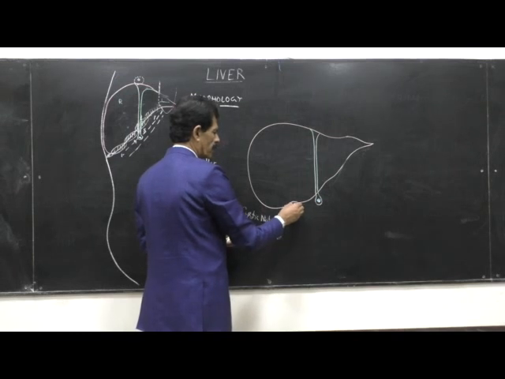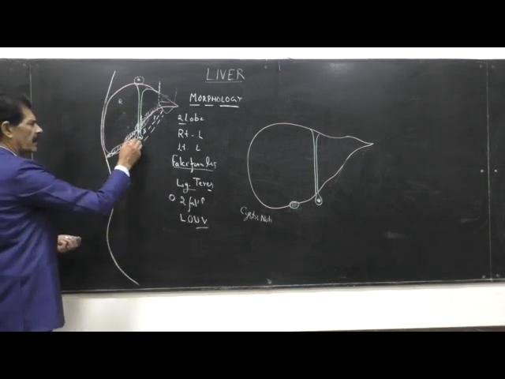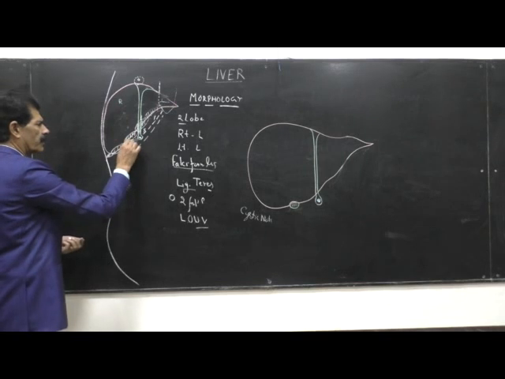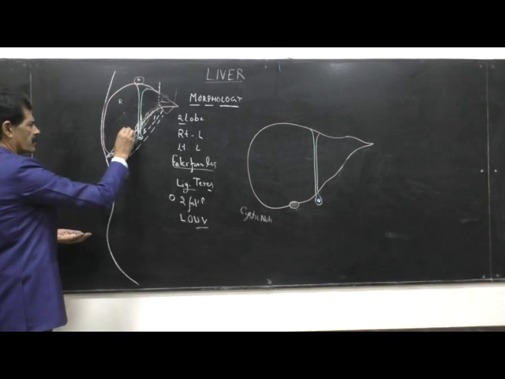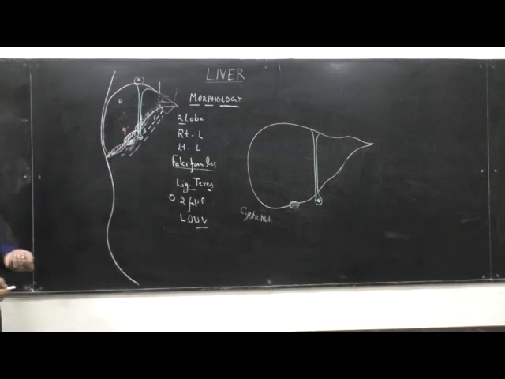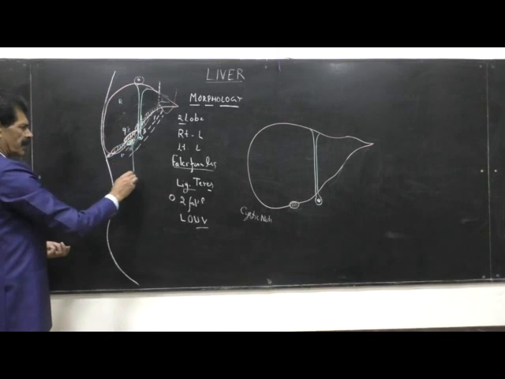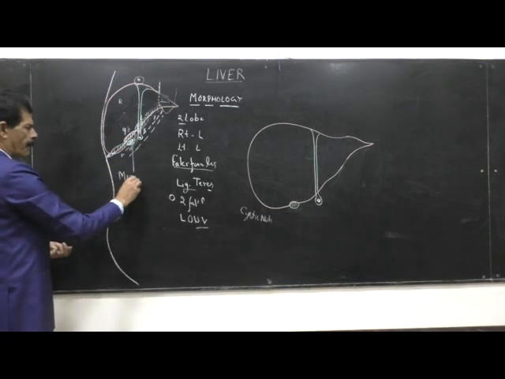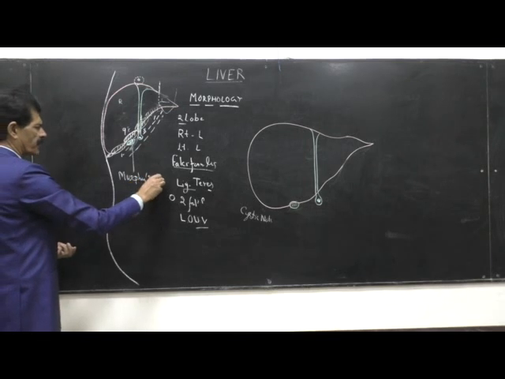The fundus of the gallbladder lies just here, lateral to the ligamentum teres, touching the tip of the ninth costal cartilage. So at the level of the ninth costal cartilage, the fundus comes out of the anterior or inferior border. This ninth costal cartilage tip is called Murphy's point.